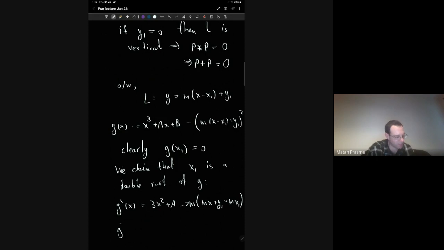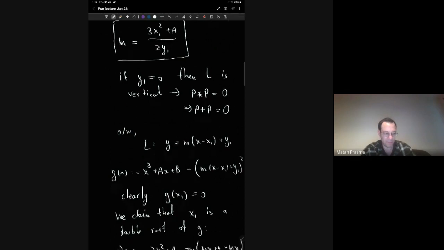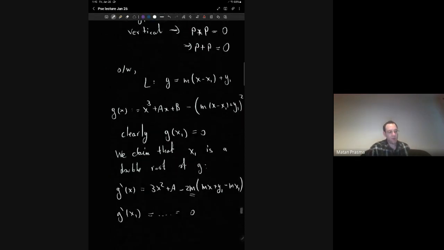And now I substitute x1, and I hope you can believe me that you get 0. It's an easy calculation with substituting m for being this expression. Okay, so x1 is a double root.